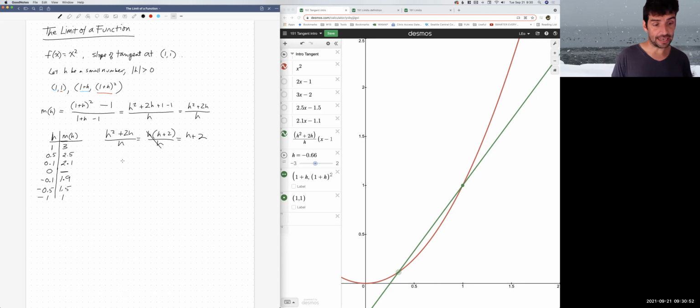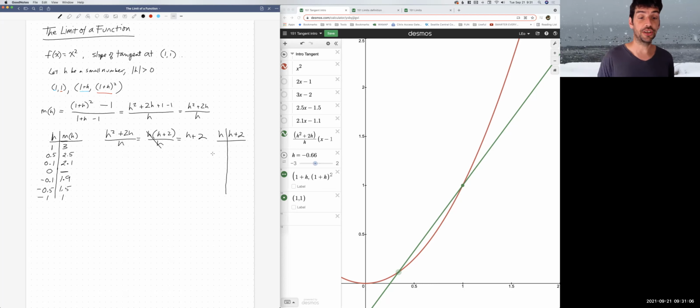So if we look at the same chart, except instead of the function m, I use the expression h plus 2, which will spit out all the same values as our original expression, except at one place.